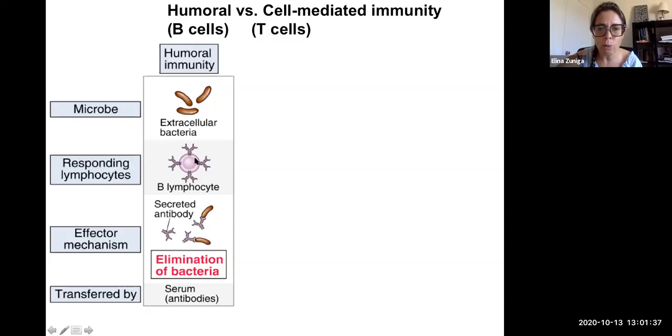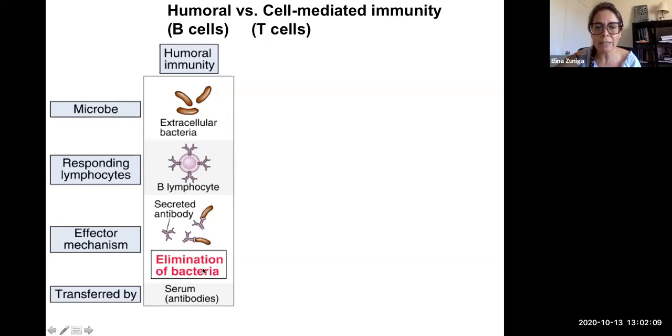So now they will secrete the receptor that they had on their surface in a soluble form that is called antibody, okay? And because to begin with, this receptor recognized a part of this bacteria, this antibody is exactly the same protein, now in a soluble form, and will recognize a part of the bacteria. And we'll see how that helps eliminate the bacteria.